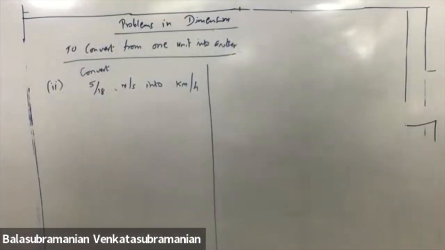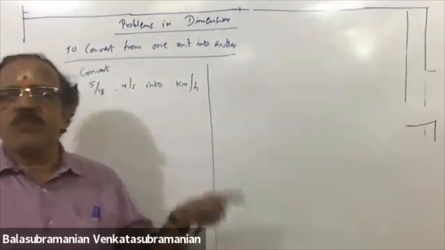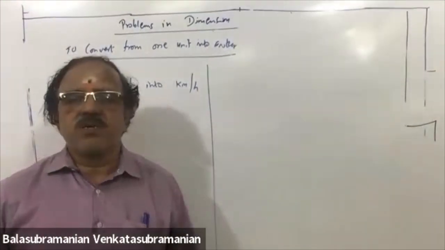Next, convert 5 by 18 meter per second into kilometer per hour.